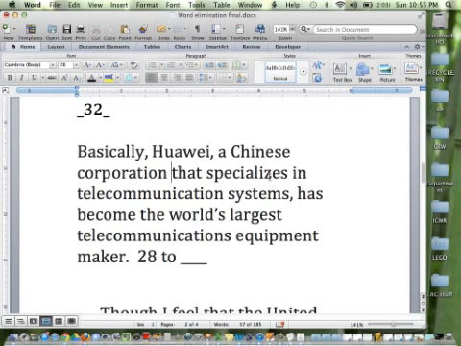I think I like that, though I have to say, I don't like the word telecommunications appearing twice so closely together. But because I'm not a specialist in this information, I'm not sure how else to revise it. So I've cut out my words, but I'm not happy with the sentence.